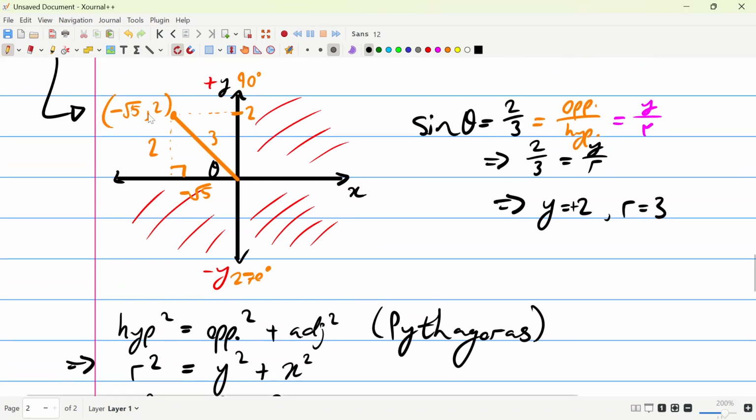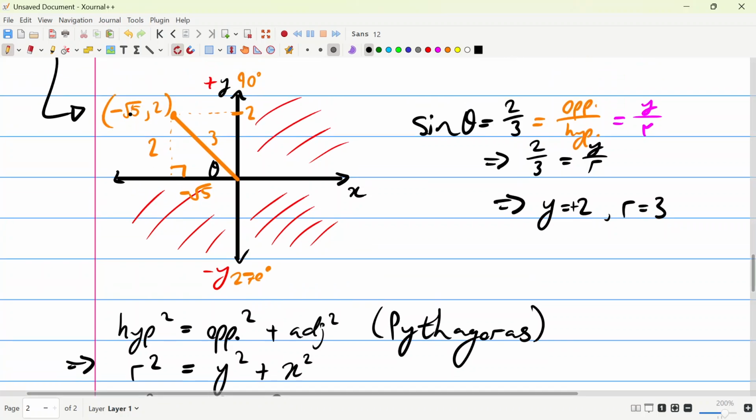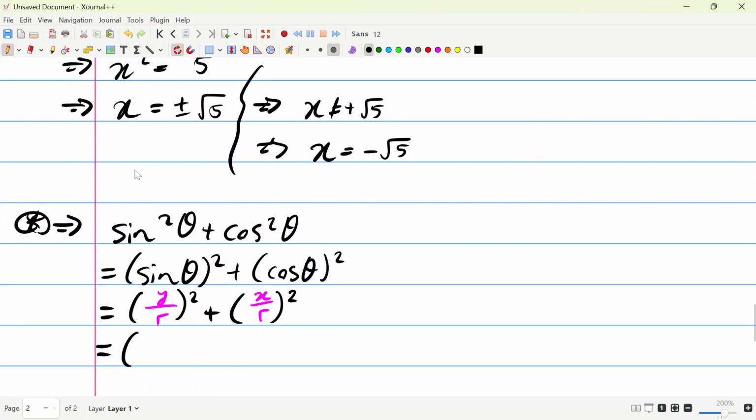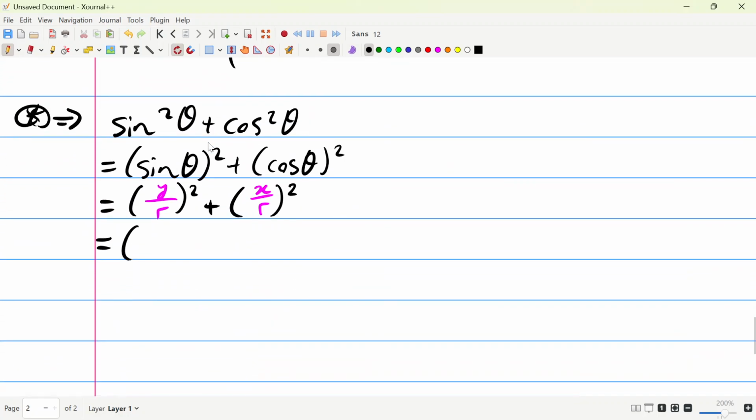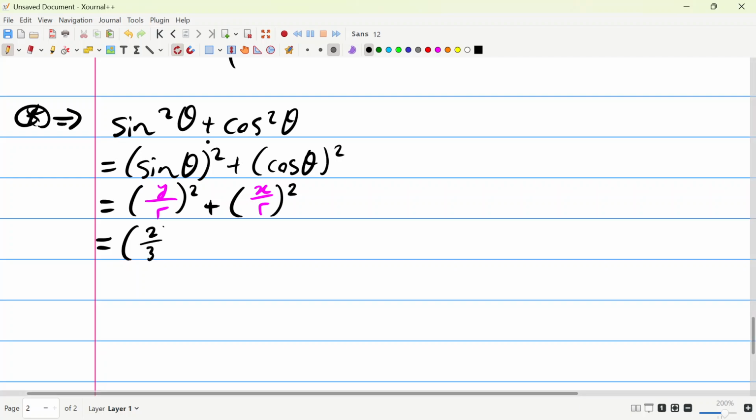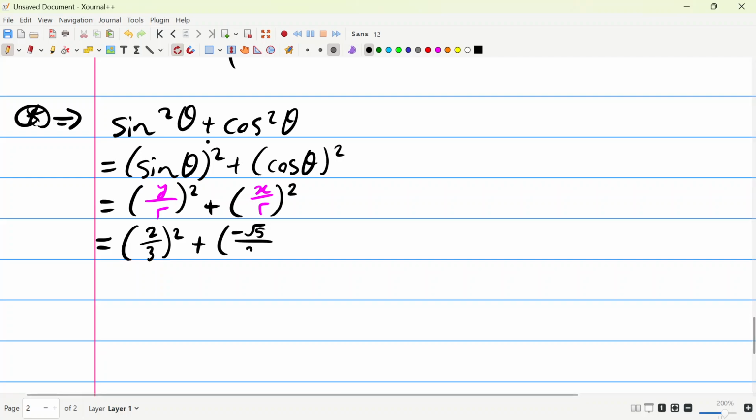From the coordinate point we have, our x value is negative root 5 and our y value is 2. So y is equal to 2 and r is equal to 3, the radius. So it's 2 over 3 squared, plus x over r, which is negative root 5 over 3, squared.